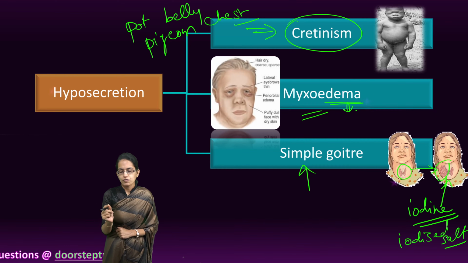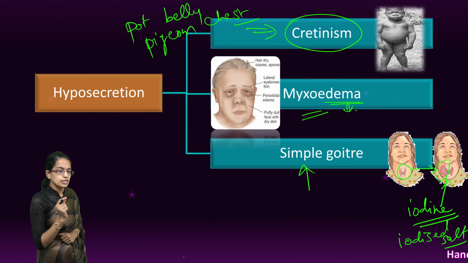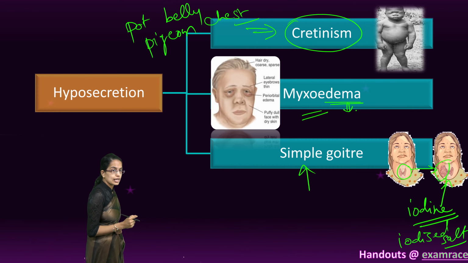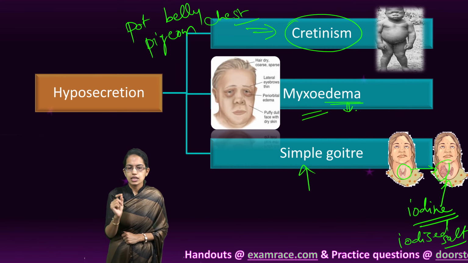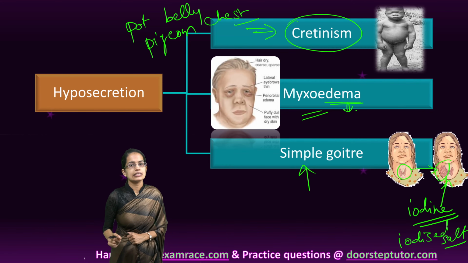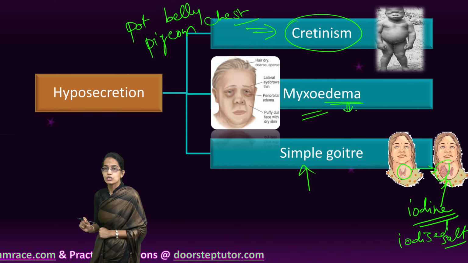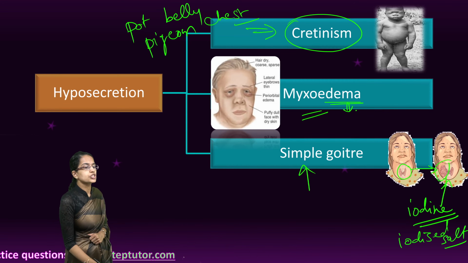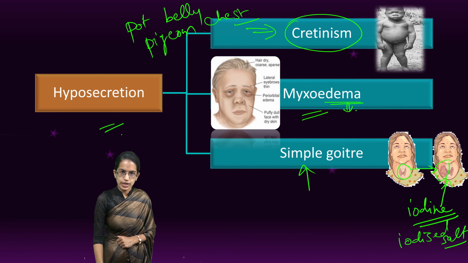So one of the major responsible factors for simple goitre in the hilly areas is lack of iodine. So those are three of the important diseases that we have understood because of less secretion of thyroxine: cretinism, myxoedema and simple goitre.